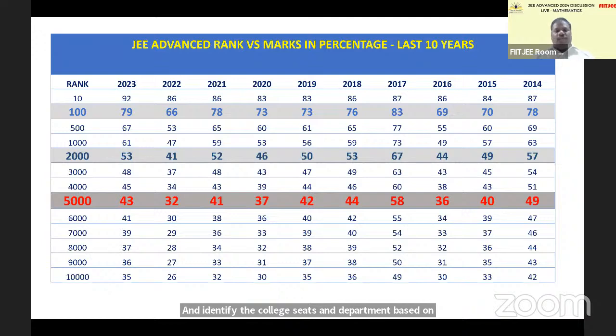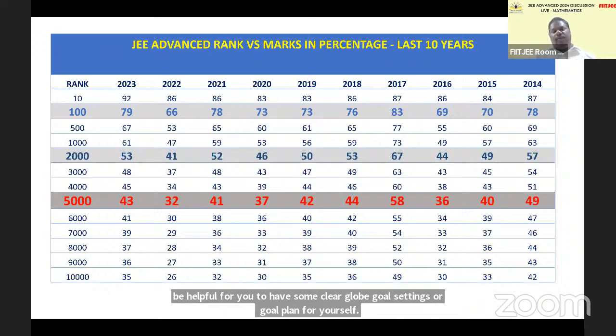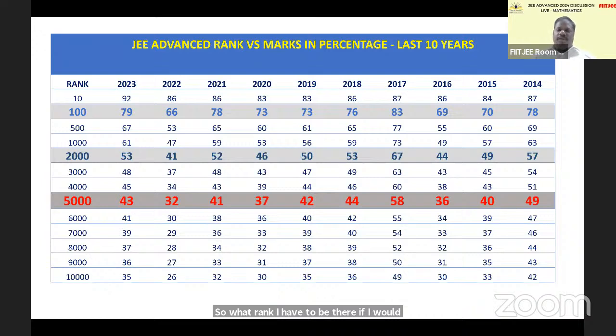This will help you with clear goal setting or a goal plan for yourself. What rank do I have to be at if I would like to take a particular department or course in this particular college? This chart is going to help you with that.